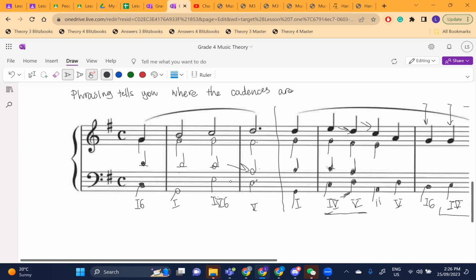Look at this, sixth. We have a sixth between here. Consecutive sixths are fine, consecutive thirds are fine, just not consecutive fifths and octaves.